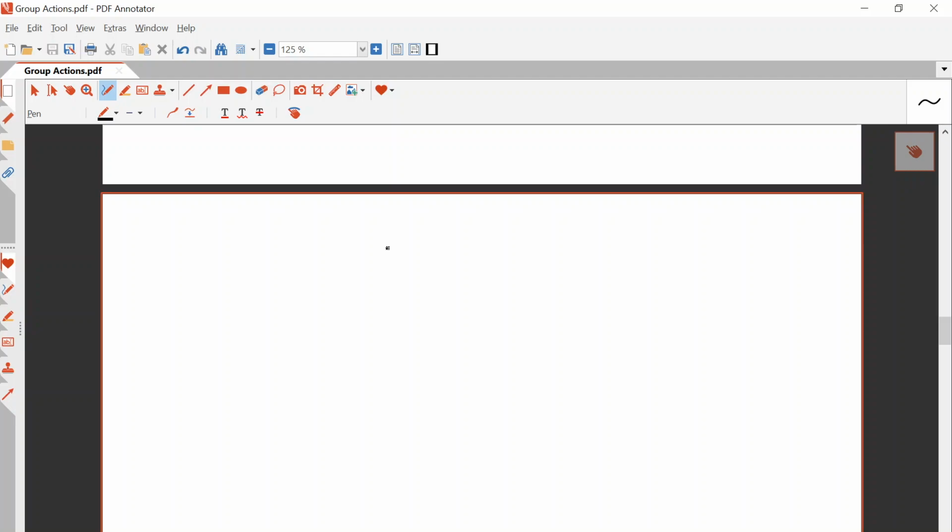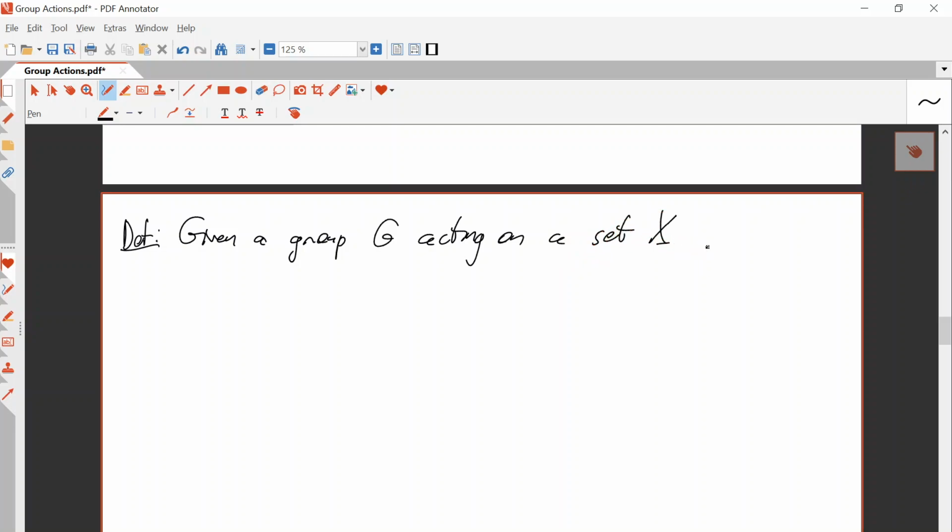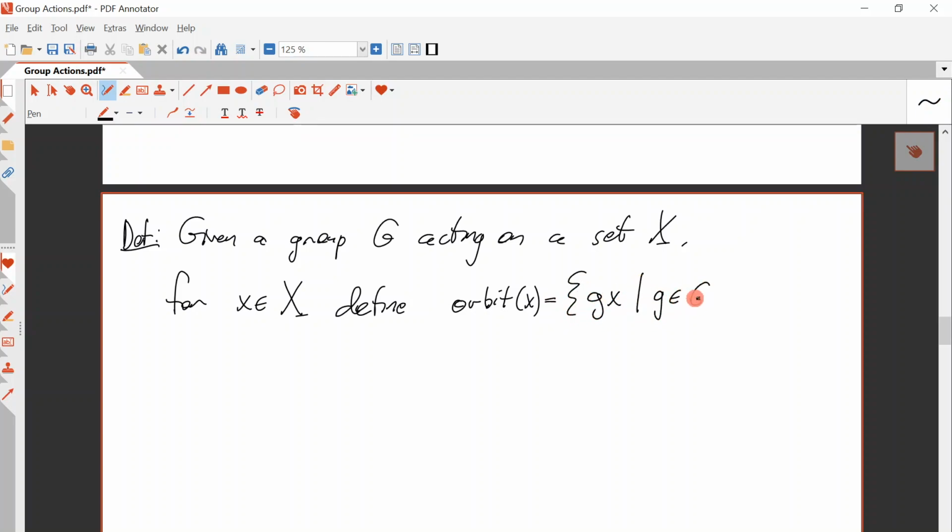Now, definition. Given a group G acting on a set X, for little x in the set X, define what's called the orbit of x to be equal to the set of all gx such that g is in G. So it's all the elements of the set that x goes to.